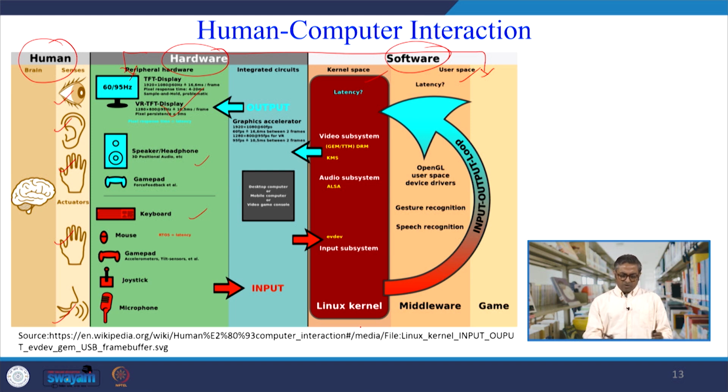Now all these different complex systems interact with each other and provide a smooth interaction between the two. When there is any interference, any blockage, or a failure at any step, then this interaction fails, which ultimately results in an error.